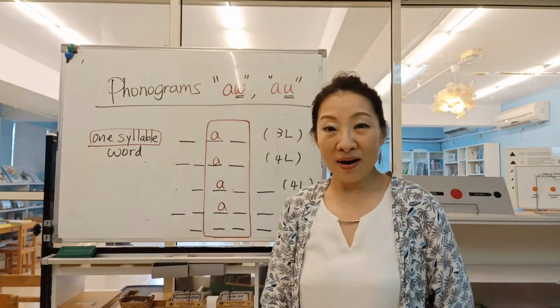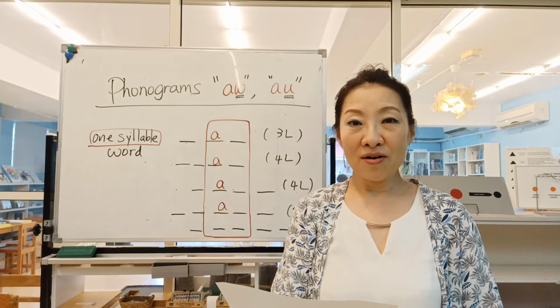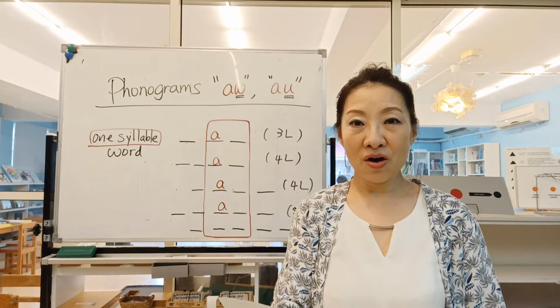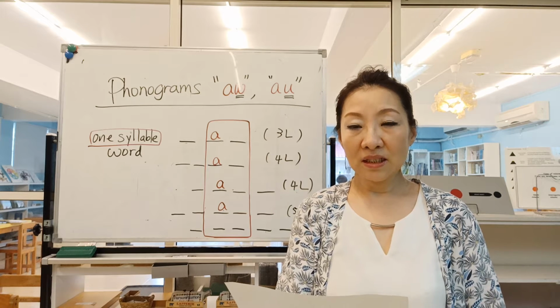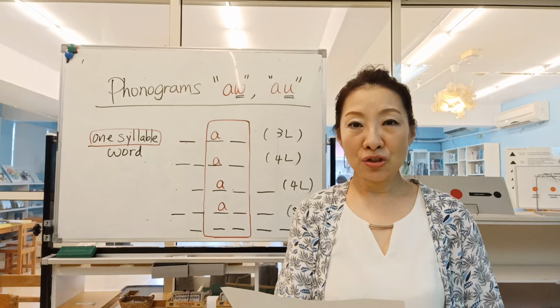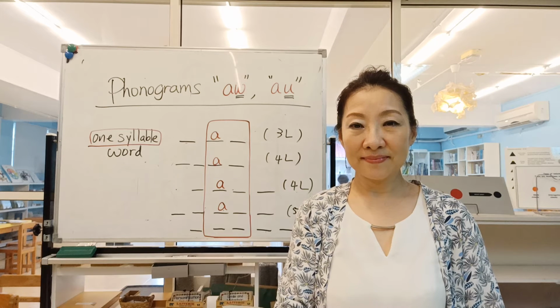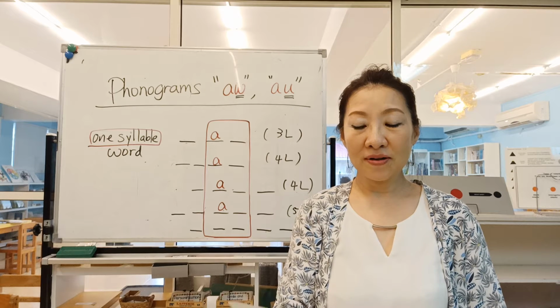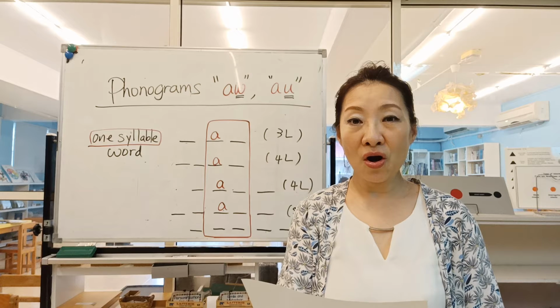Starting from number 1, 3-letter word. Saw. Number 2, jaw. Number 3, claw.